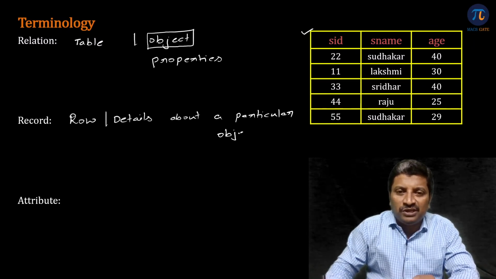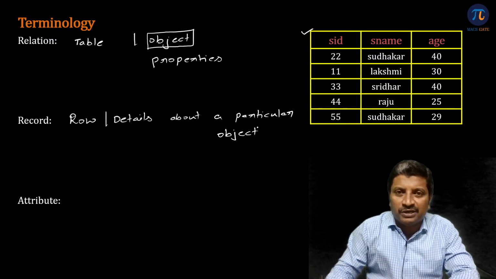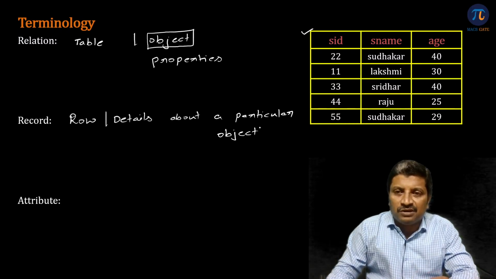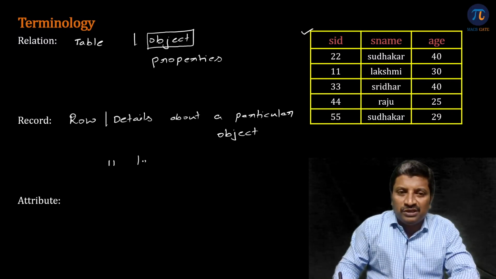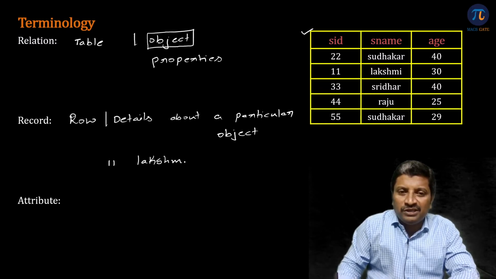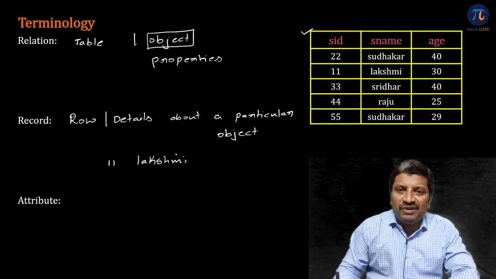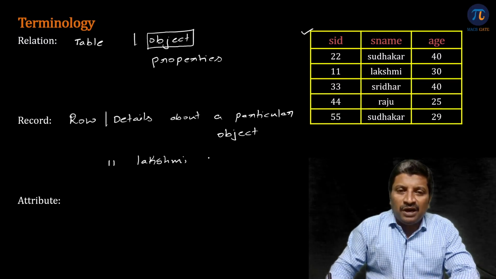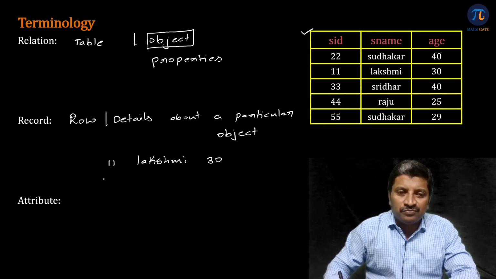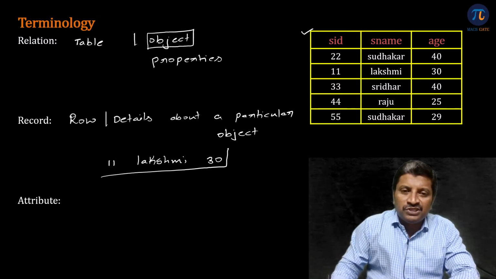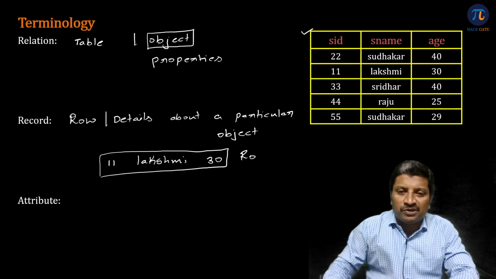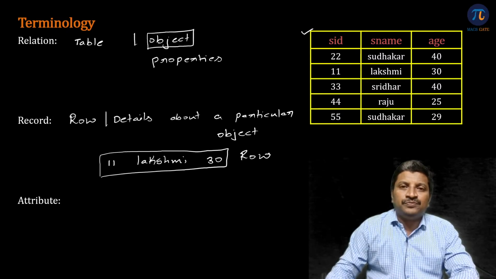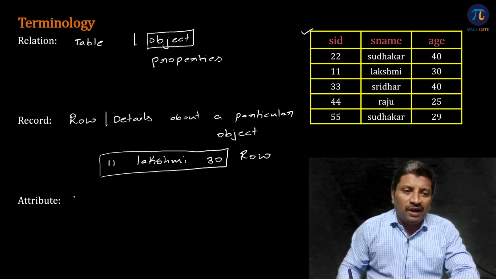So if I give the details about a particular student, that is called a record. For example, suppose I want to give the details about the student Lakshmi. The ID is 11, the name is Lakshmi, and the age is 30. So this is called a record. Mathematically, this is a row of the particular table. Is that fine?